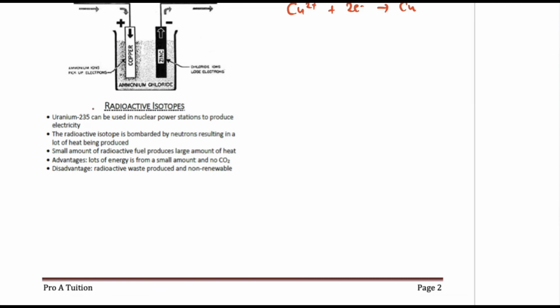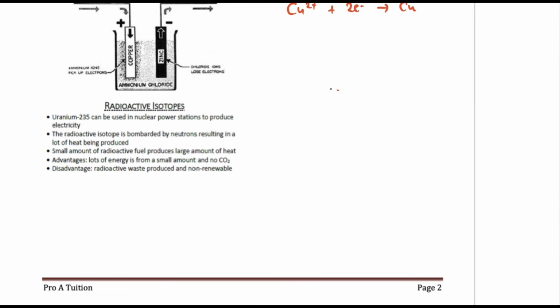Nuclear fission releases a lot of energy, so it is exothermic. The radioactive isotope is bombarded by neutrons. You take a neutron to collide with the uranium-235, and then it breaks down, resulting in a lot of heat being produced.